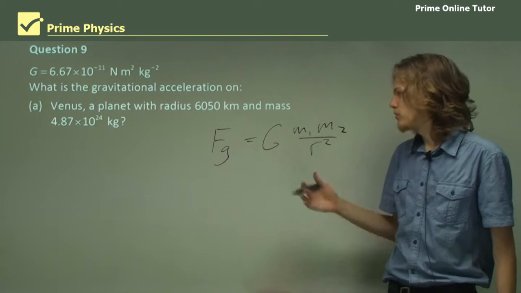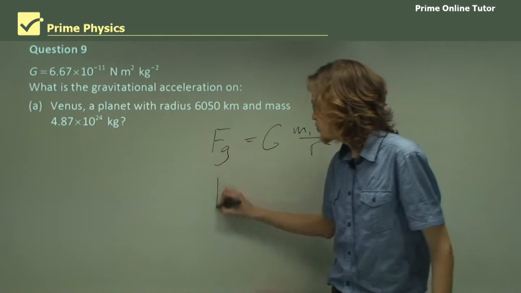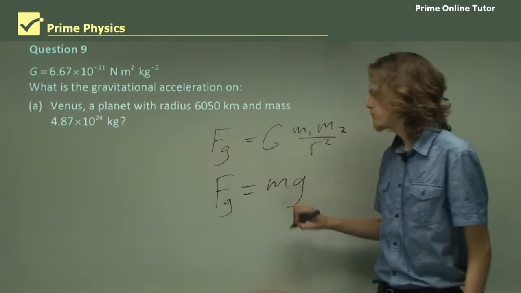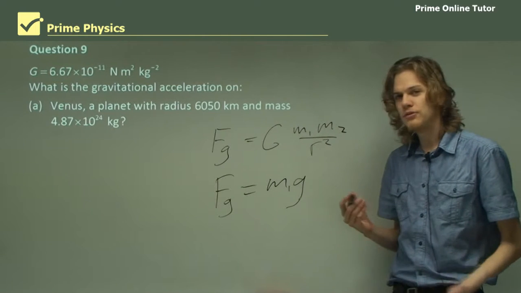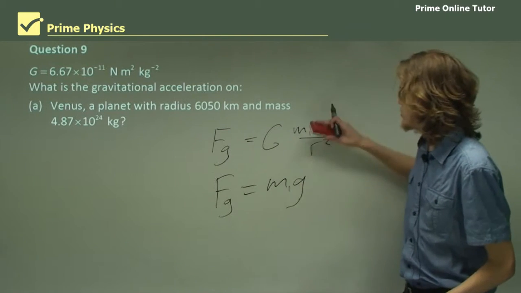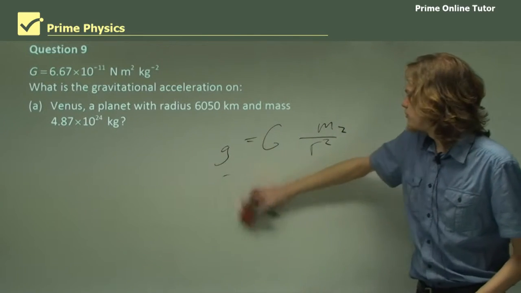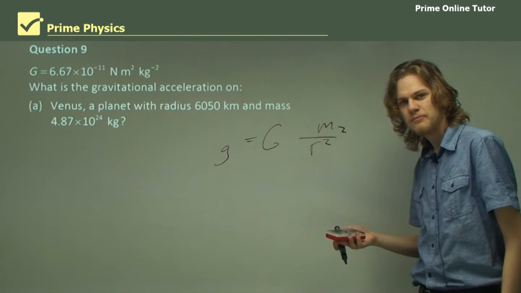But we also know that to find the gravitational acceleration, that's got to be the lowercase g of this equation, where this is the m1. So to find the gravitational acceleration, what we need to do is find the value of this other expression. Make sense?